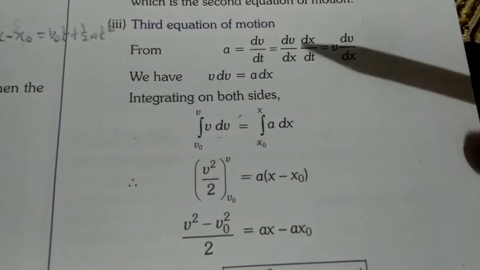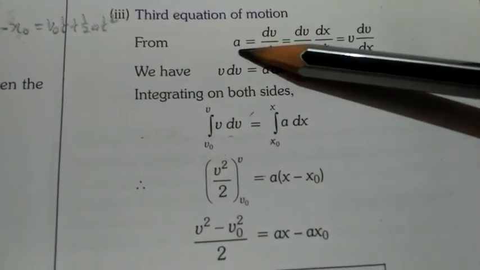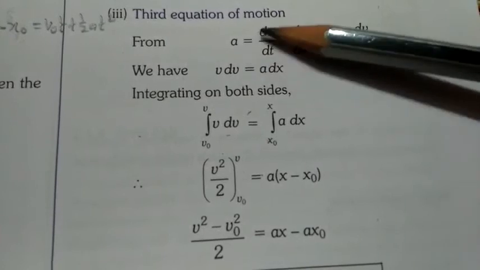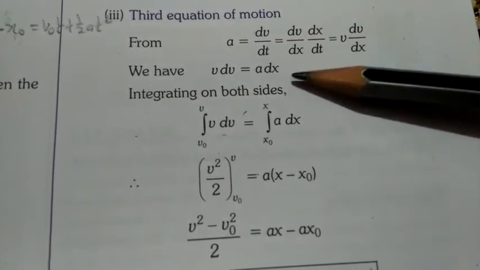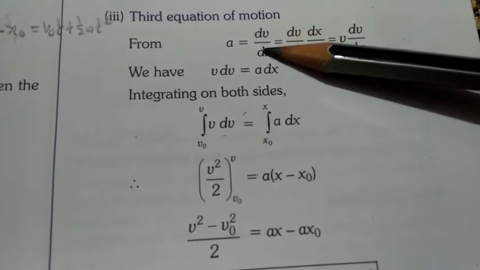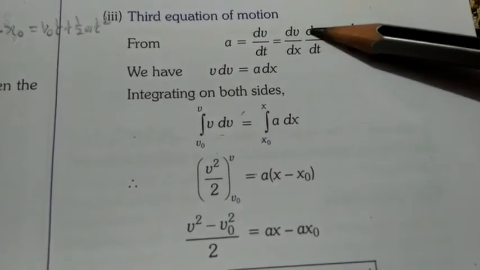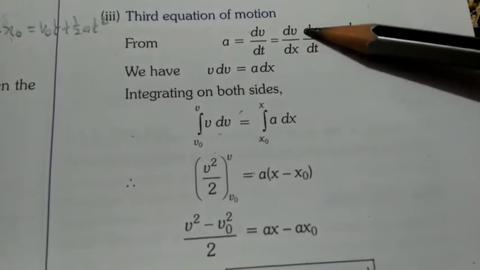Now we will derive the third equation of motion. Here again we will take the formula of acceleration, a equals dv upon dt, but here one change will be there. We multiply and divide by dx and write it like this: dv upon dx into dx upon dt.